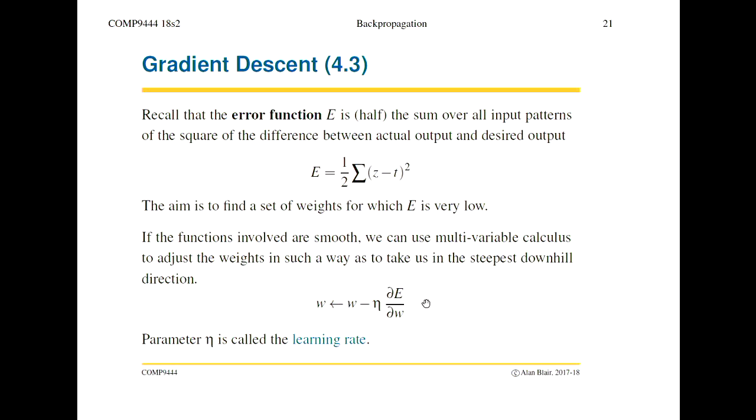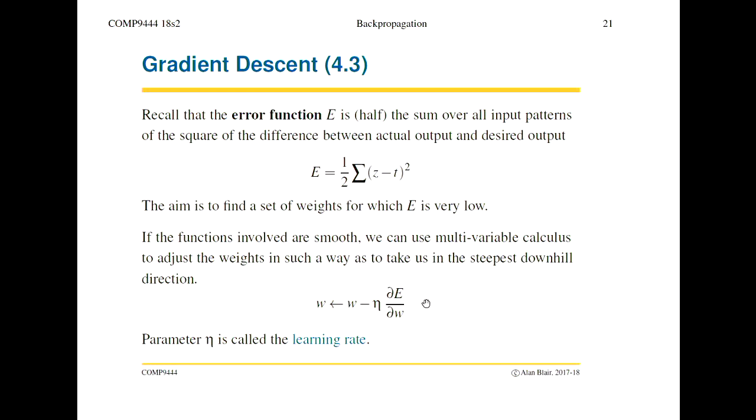And then what about the magnitude? If there's one particular weight for which dE by dW is very large, then you want to change that weight a lot because it's going to have a very big effect on E. If there's some weight for which dE by dW is very small, then I don't want to change that weight very much.